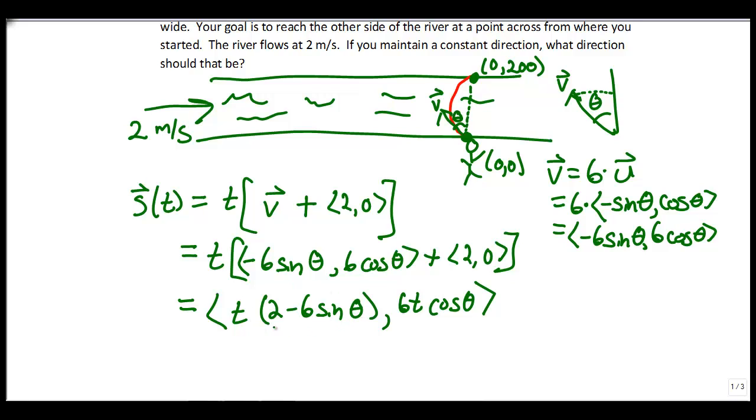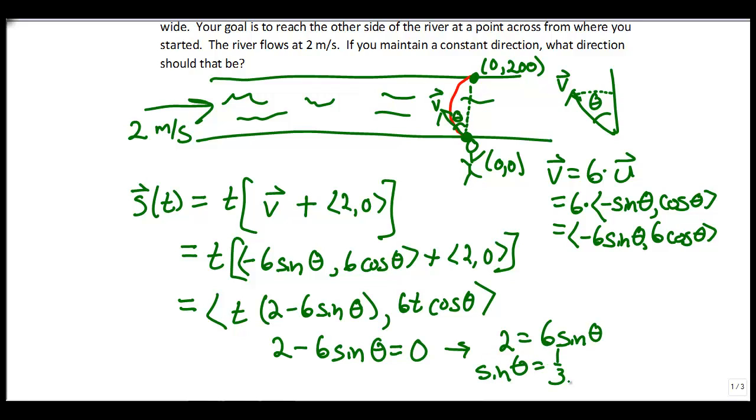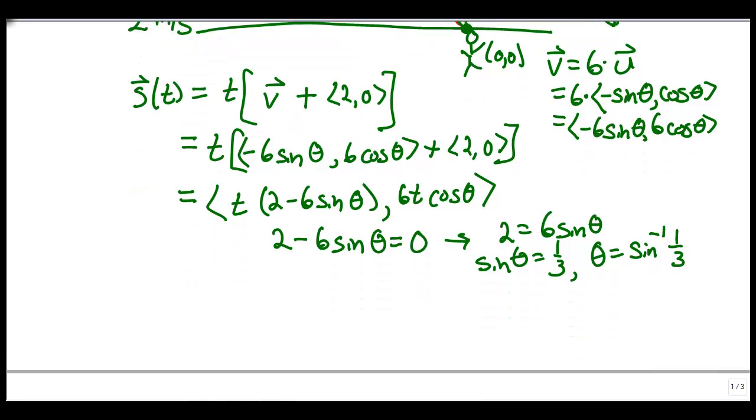So if the x-coordinate is ever going to be 0, we need to make 2 minus 6 sine theta equals 0. That gives me 2 equals 6 sine theta, which gives me sine theta equals a third. And so this theta is an inverse sine, or an arc sine, of 1/3 here.